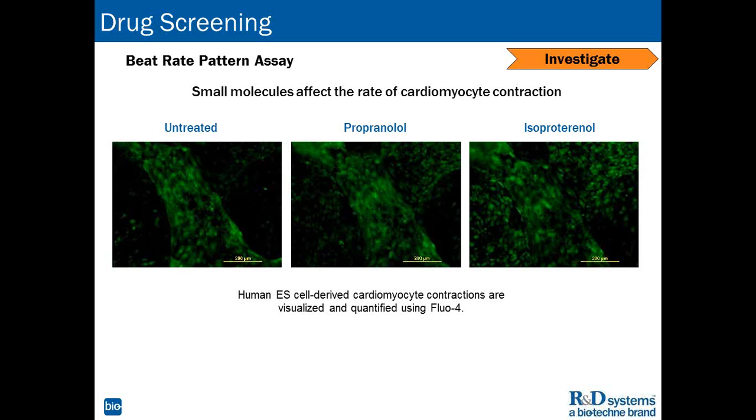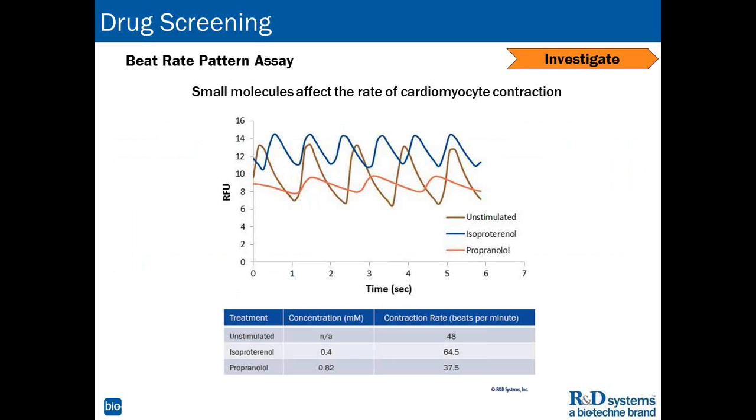In this example, we've taken pluripotent stem cell differentiated cardiomyocytes, and you can see the beat rate pattern in the untreated cells, and then slowing down once you treat them with a beta-adrenergic antagonist, propranolol, and then we can speed that beat rate back up with isoproterenol. Once you do this, you can put these into imaging programs, and you're able to quantitate those beat rates, as you can see here in the graph, and the contraction rates in the table on the bottom.